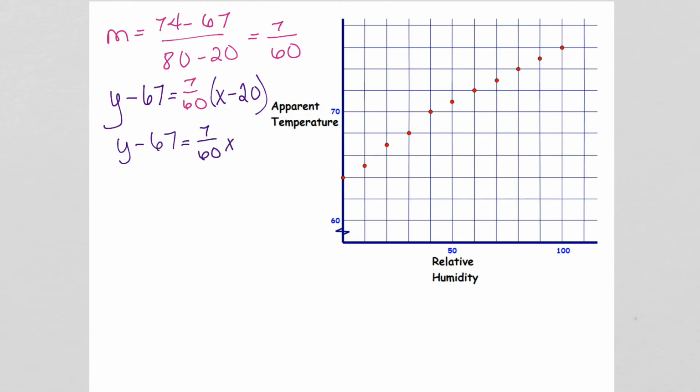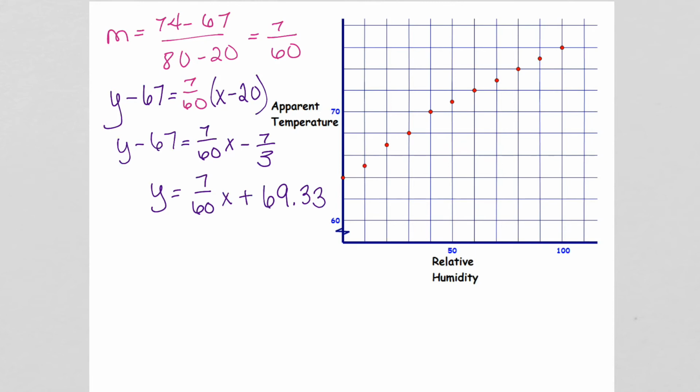Distribute the 7 over 60. That gives us 7/3 over there. And then add 67 to both sides. And negative 7/3 plus 67 as a decimal is approximately 69.33.